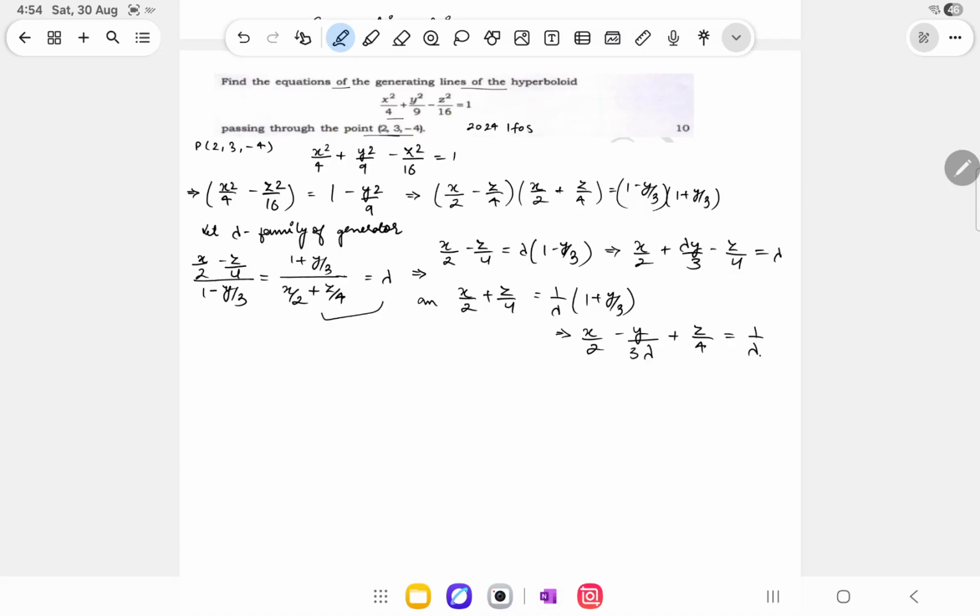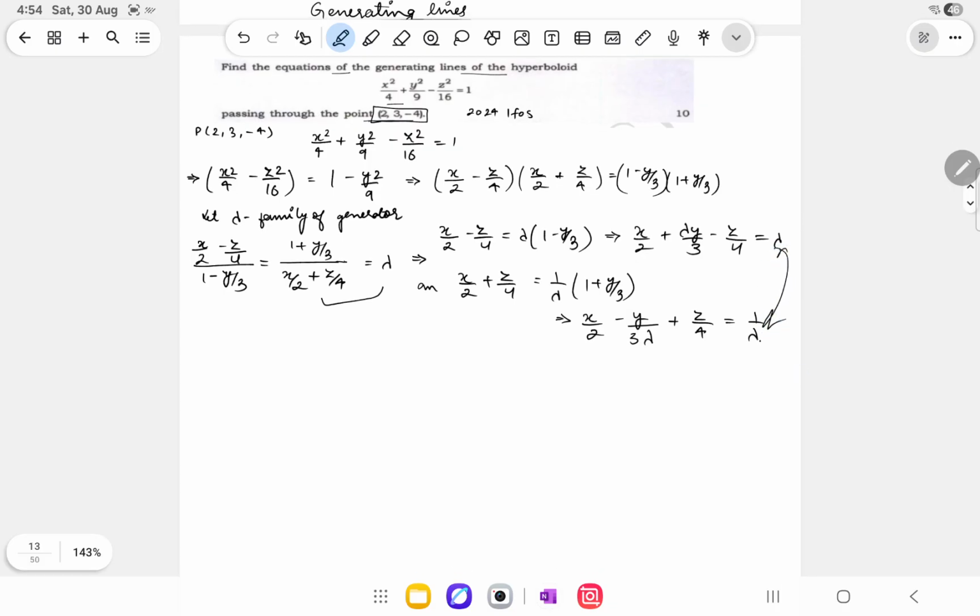Since the question says that this generating line passes via this point, the point must satisfy the equations of both these planes. So let us substitute the point in the two equations of plane and find the value of lambda.